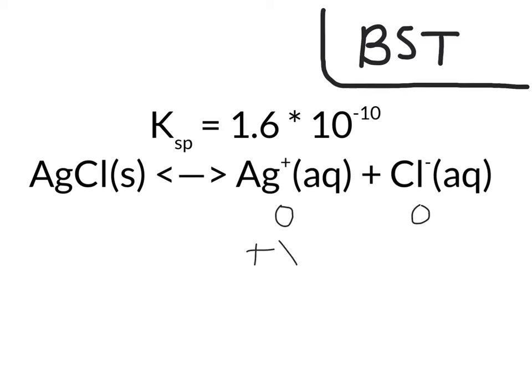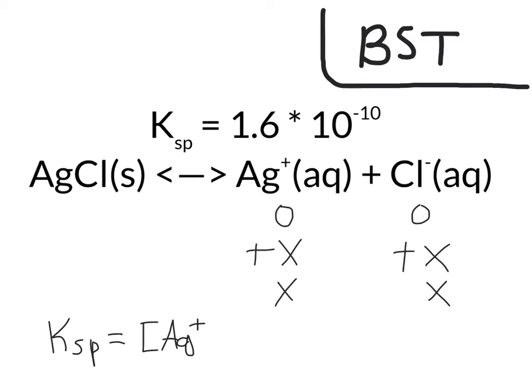And now we're going to add an X as it dissociates, so we'll have a final concentration of X for both silver and chloride. And this X is what is called the molar solubility. So now we'll set up, we know KSP is equal to, so we have each product raised to the power of its stoichiometric coefficient. Those stoichiometric coefficients are all 1, so we just have silver times chloride.